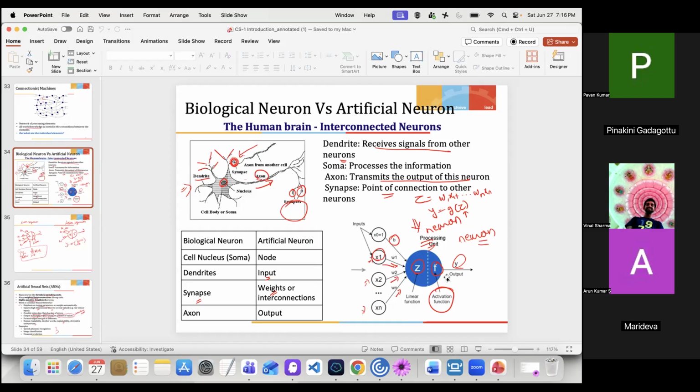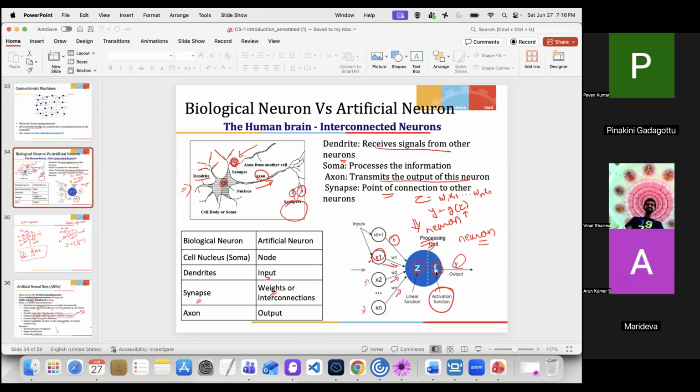Second part is the activation function. You can think of it like some threshold. Say the value of z goes above 0, then you make the output 1. If it is below 0, you make the output 0.